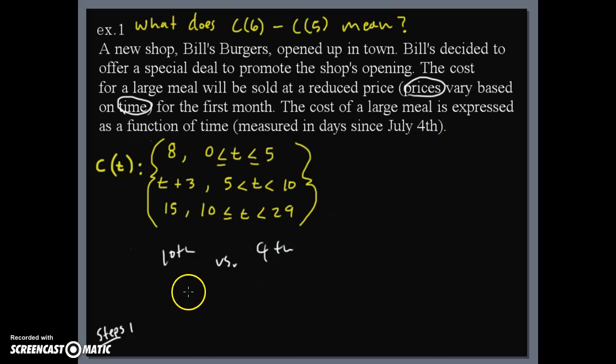We're figuring out the difference, referring to the subtraction, in cost, because C of t, right, C of 6 and C of 5, those were costs. We're finding the difference in cost between these 2 days.